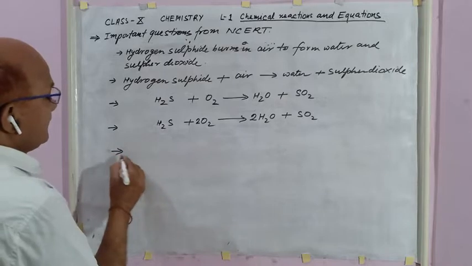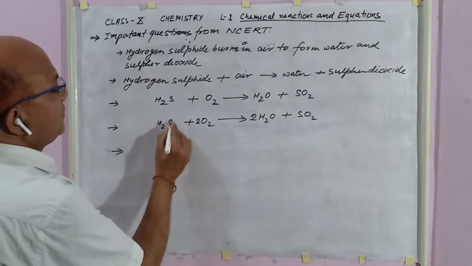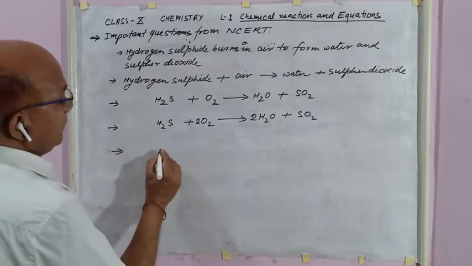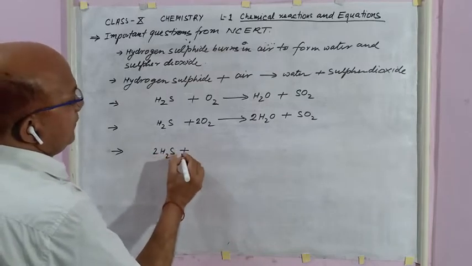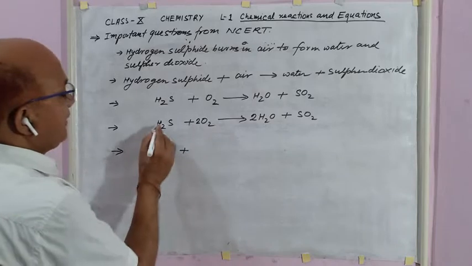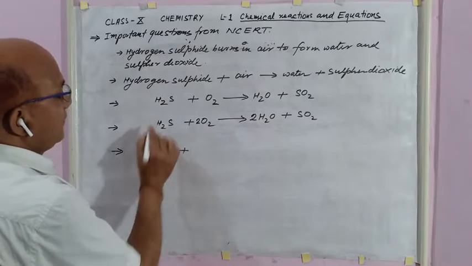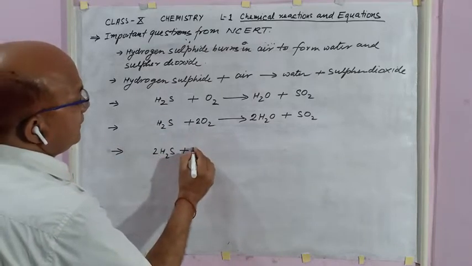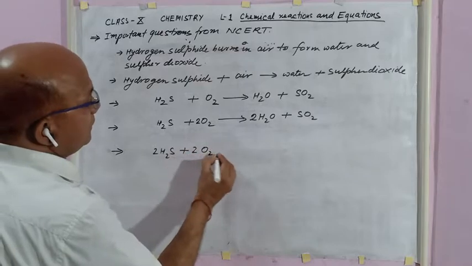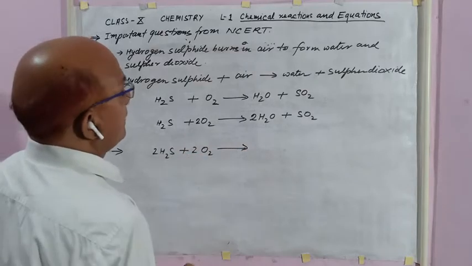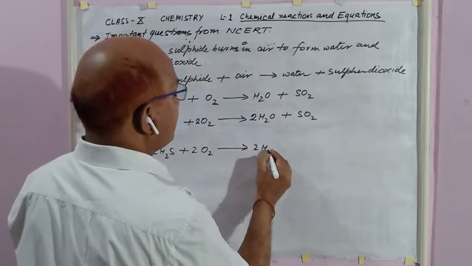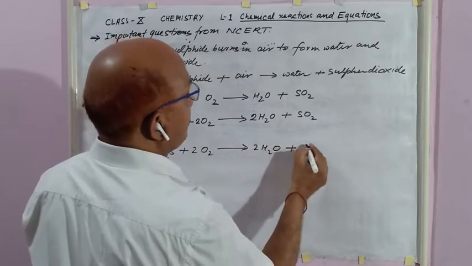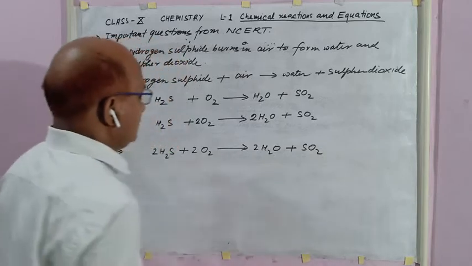So in the next step we will multiply H2S by 2. So 2H2S plus 2O2, it gives 2H2O plus SO2.